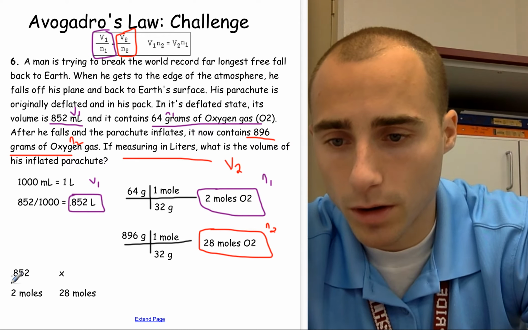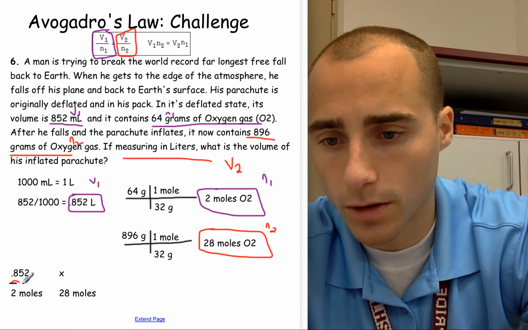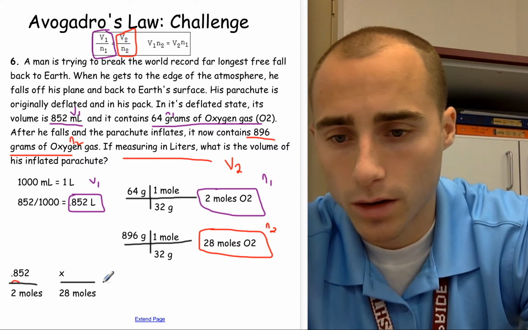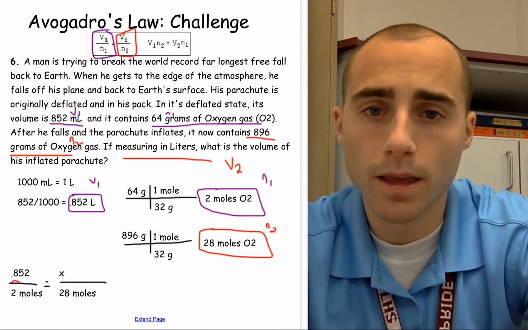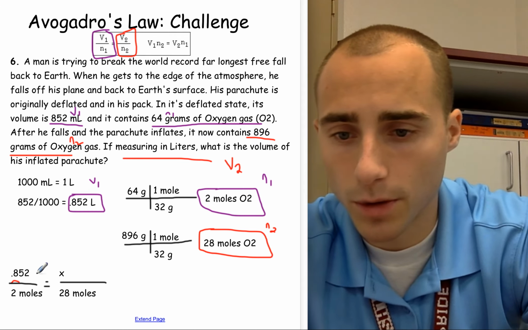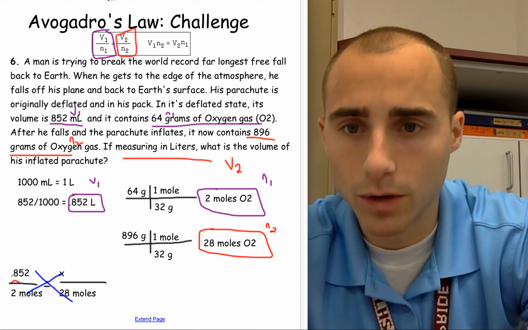So we set up our ratio here using our formula that we've used so well so far. And then we will cross multiply: 0.852 times 28 and x times 2.